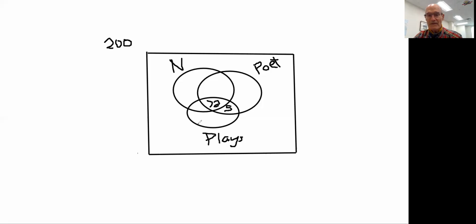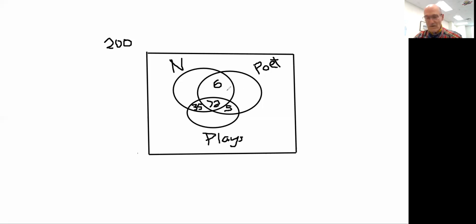And if we look at the novels and the poetry here, if we put 6 in here, there are 6 people who like novels and poetry, but not plays. And then over here with the novels and the plays, we can put 35. So we got 35 in here, and there are 35 people who like novels and plays, but not poetry.